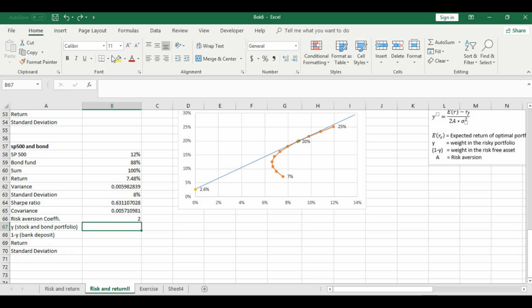Now we can calculate how much should be invested in this portfolio and how much should stay in the bank deposit.